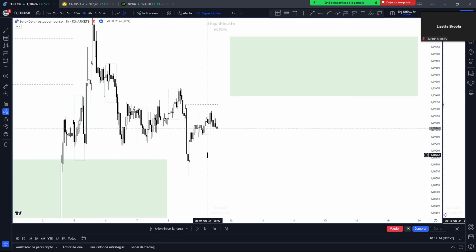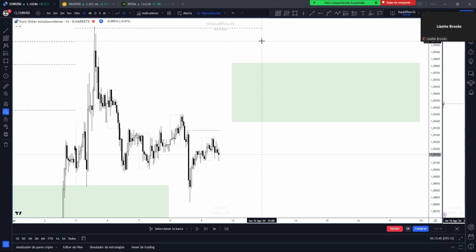Okay, if you know daily is bullish, then you need to wait for 1 hour and 3 minutes, or the time frame that you need, to become bullish. If you have, for example, daily bullish, 1 hour bullish, and your entry time frame bearish, this is not a high probability trade.